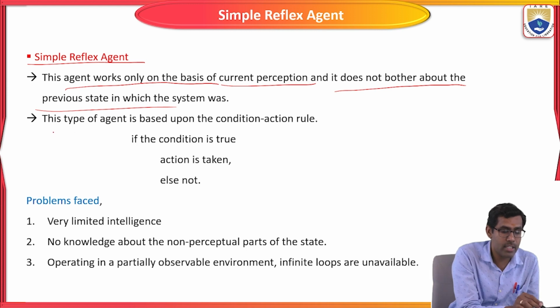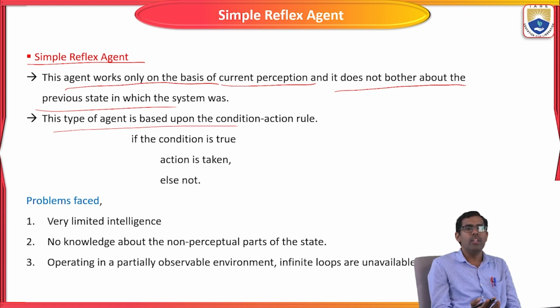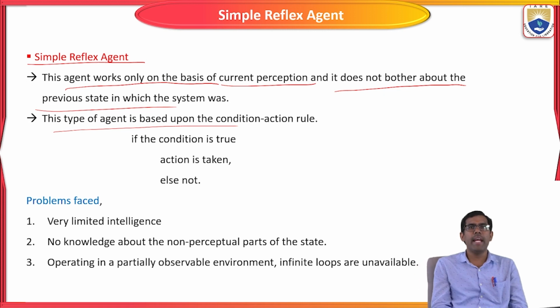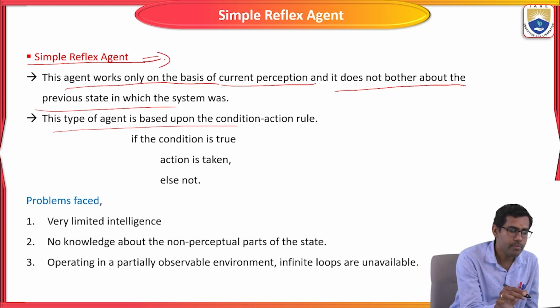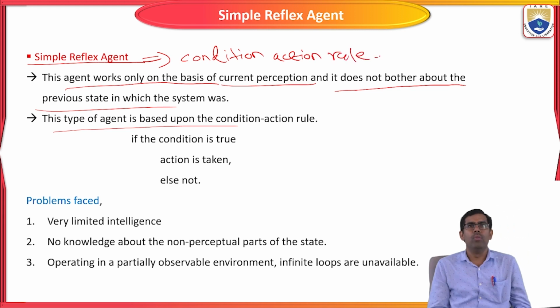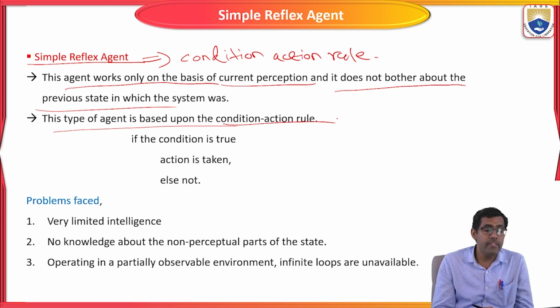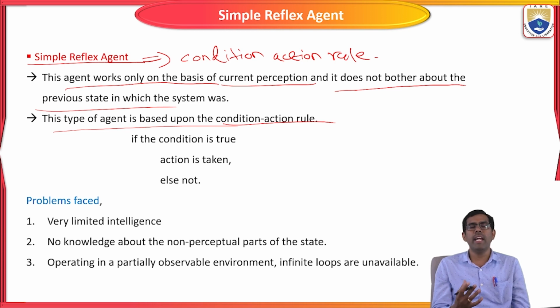This type of agent is based upon the condition action rule, because it observes only the current perceptions and does not bother about the previous one. So the simple reflex agent is also called the condition action rule. What is the condition action rule? If the condition is true, it will take some action.